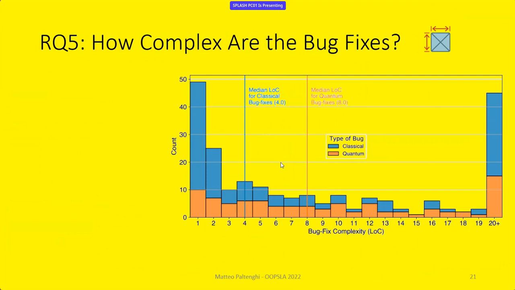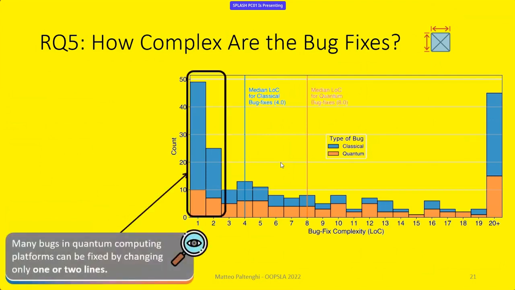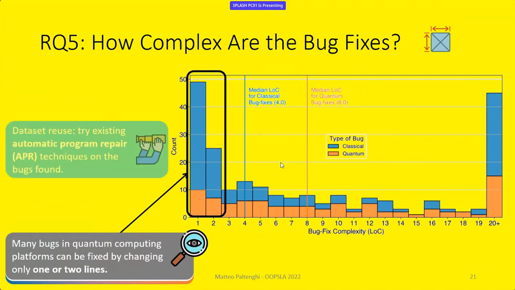And this is also relevant because most of the automatic program repair techniques available nowadays focus on this kind of bugs, so very simple to fix bugs, 1 or 2 lines. So it's a good avenue to try to reuse existing techniques and see how well they perform.